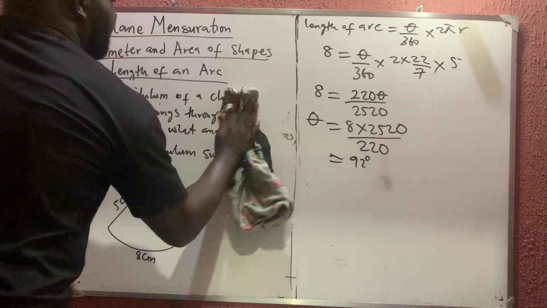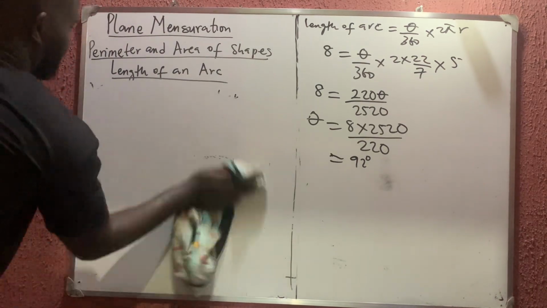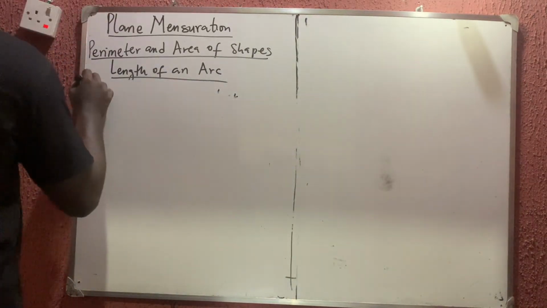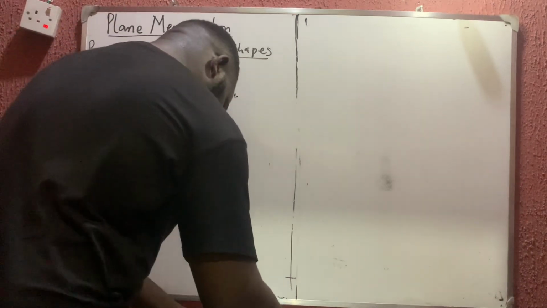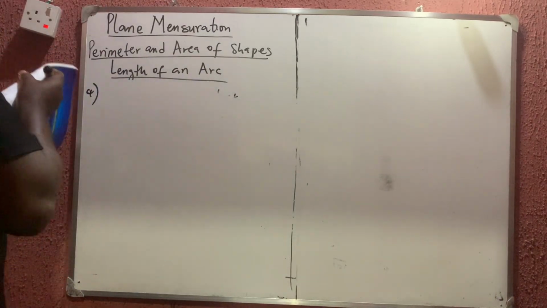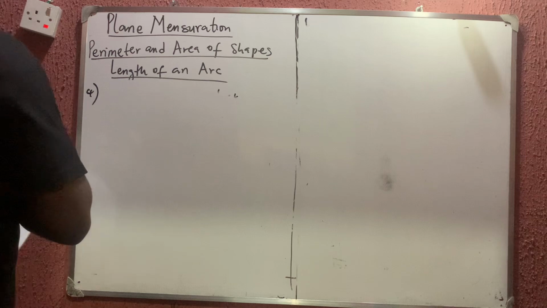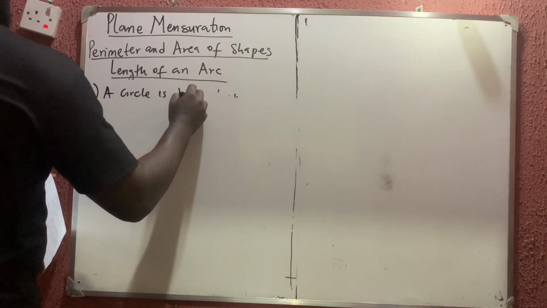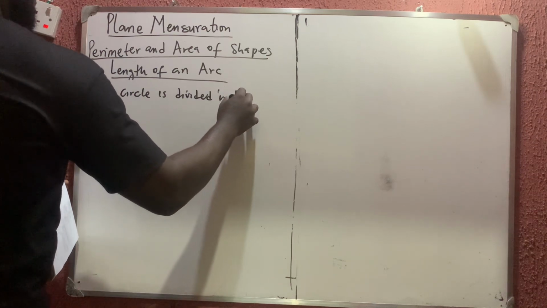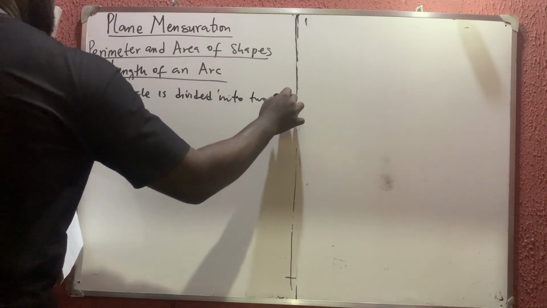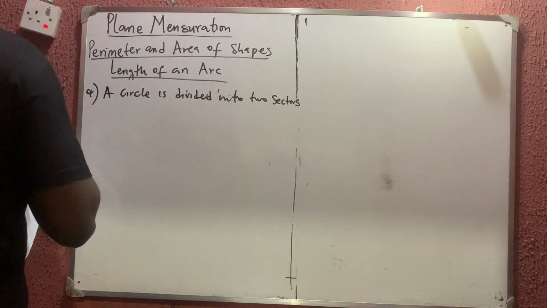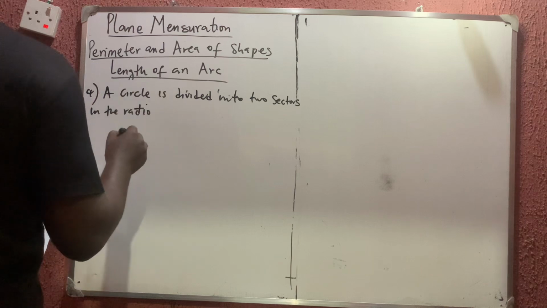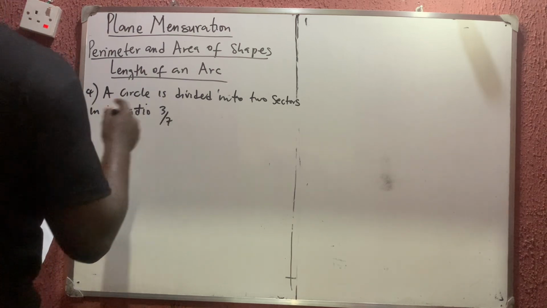Question number 4. So these things are very, very simple. Question number 4 said that a circle is divided into 2 sectors in the ratio 3:7.